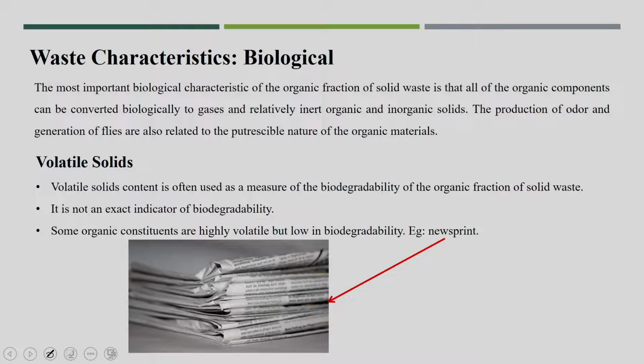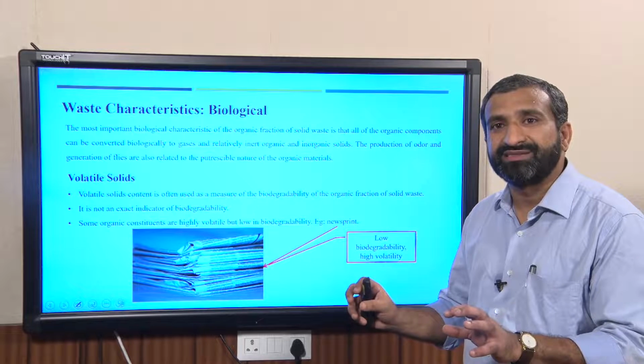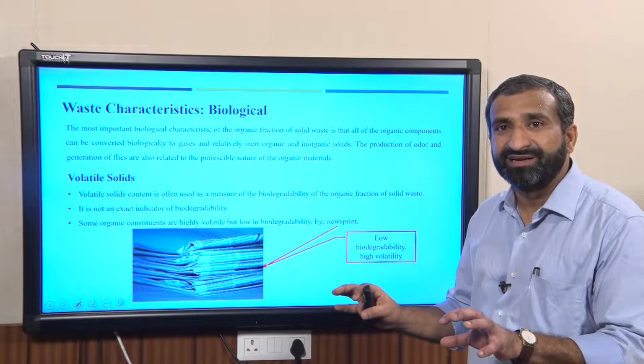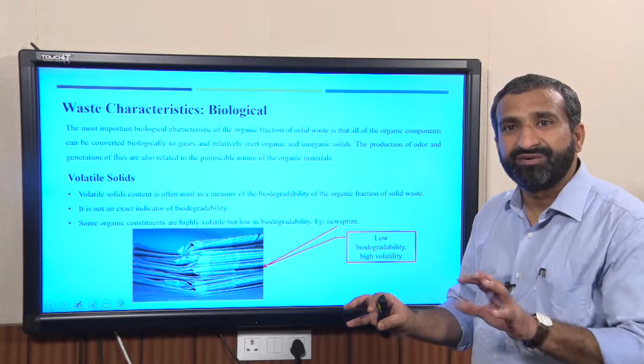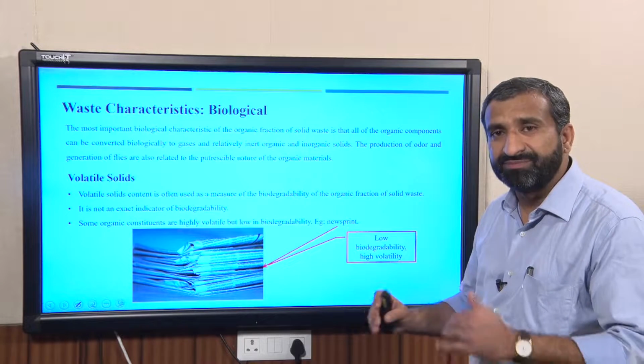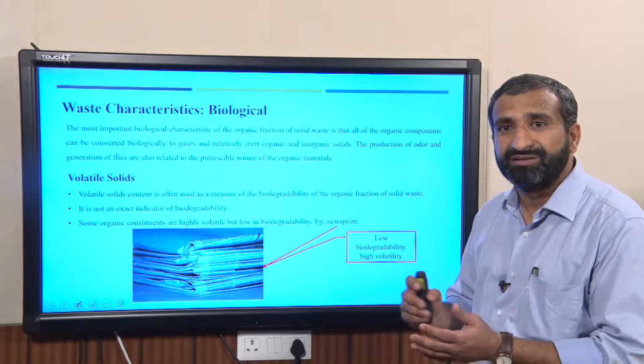Just for one example, printed newspaper is highly volatile matter and a very good combustible material, but it is not biodegradable. So it needs to be understood that the two are not the same: every volatile material is not biodegradable, but every biodegradable matter is volatile in nature. Even plastic is highly volatile matter, but it is not degradable.